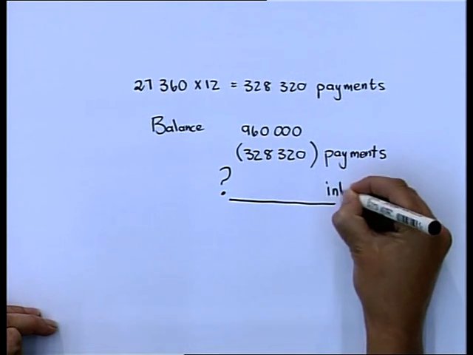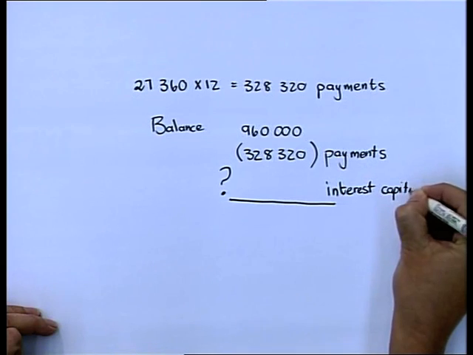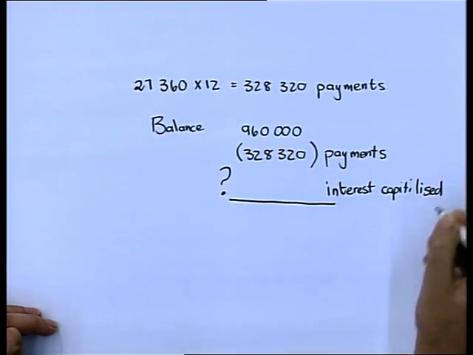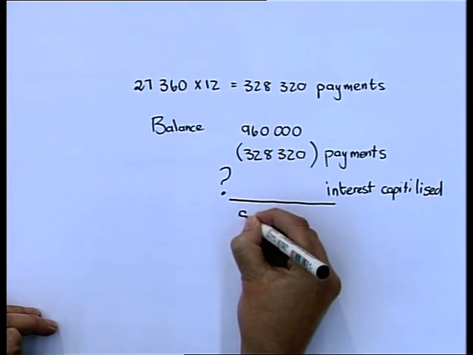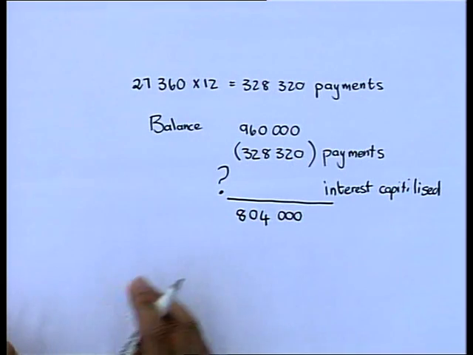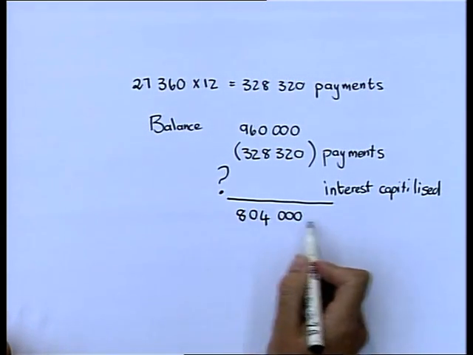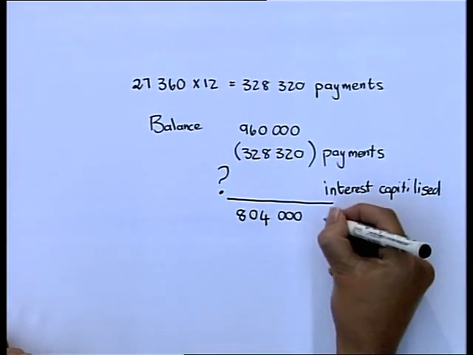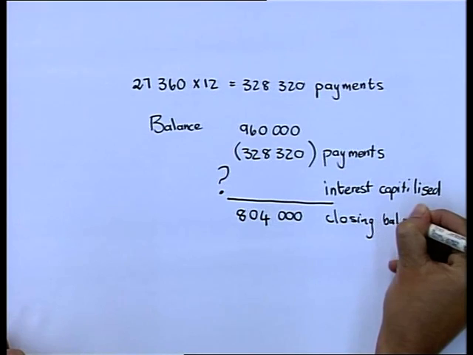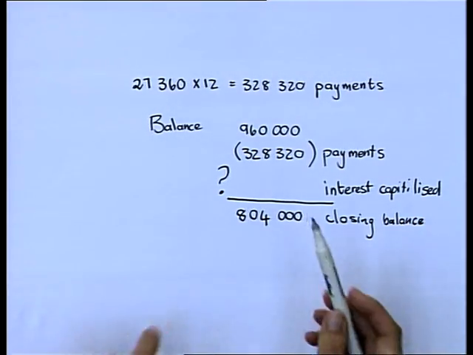Let's just write there, interest capitalized. What I do know is that the closing balance of the loan at the end of the year, according to the balance sheet, look in your balance sheet and you will see that the closing balance is 804,000.